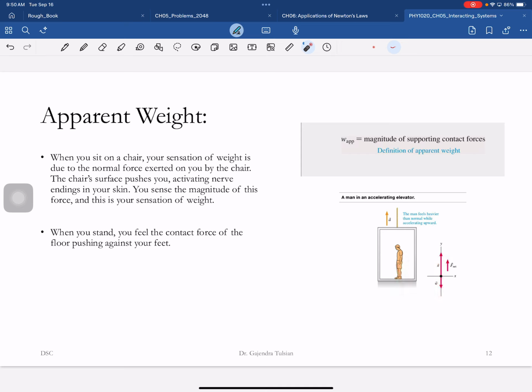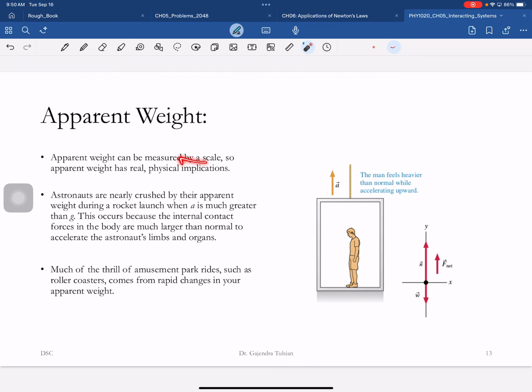So when an elevator is accelerating, you feel heavier. You get on an elevator and it starts going up. As soon as it starts accelerating, you feel heavier. When it's going at constant velocity, then this force is equal to that, and your apparent weight is equal to your actual weight.